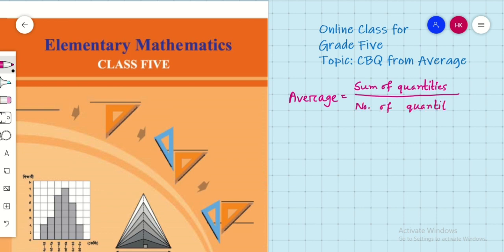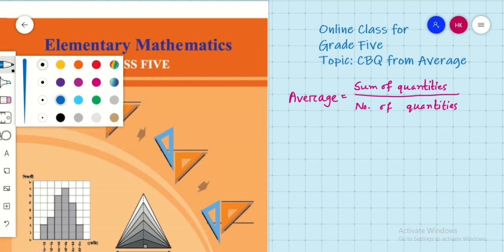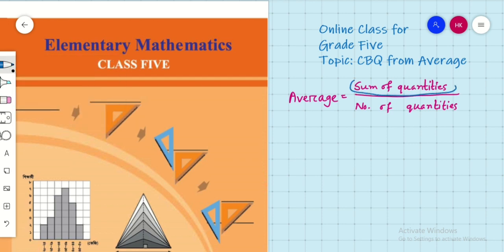I think all of you know this formula. Now this sum of quantities is actually called total, the total sum of something. And number of quantities means number of persons or number of things like this.